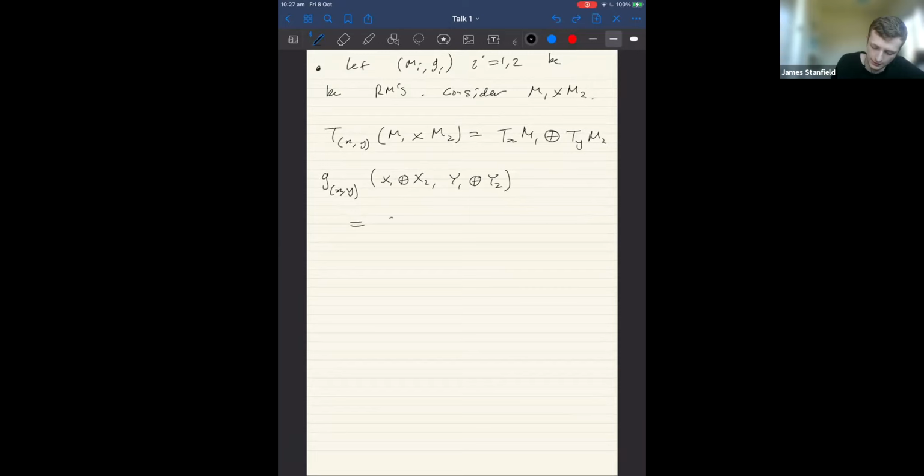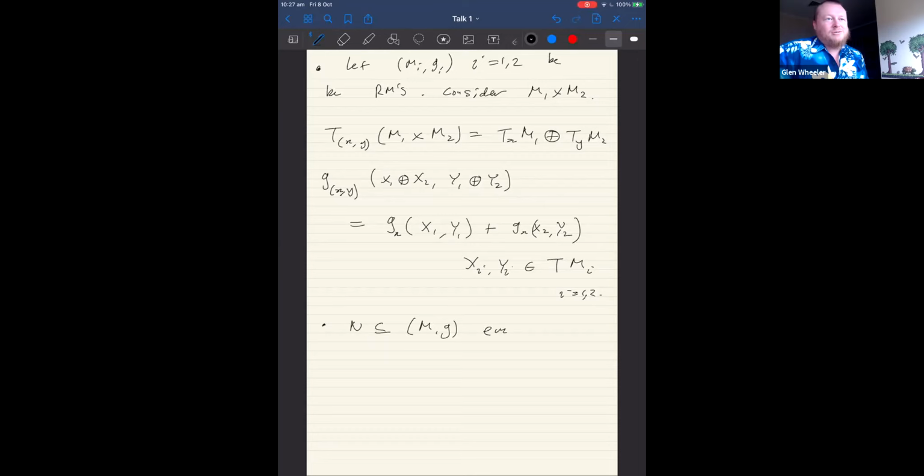So namely, this is g1 at x of x1, y1 plus g2 of x2, y2, for xi, yi in the tangent space. Fine. And maybe just for completeness, you want a G1 on the first one and then a G2 on the second one, right?